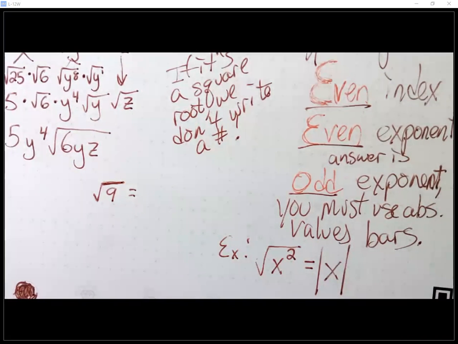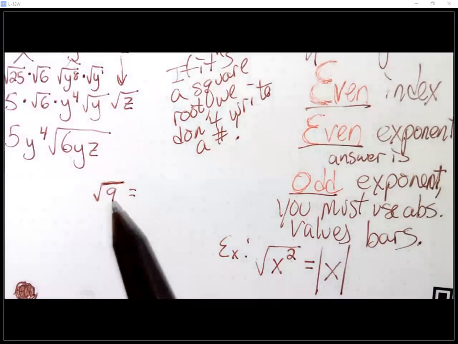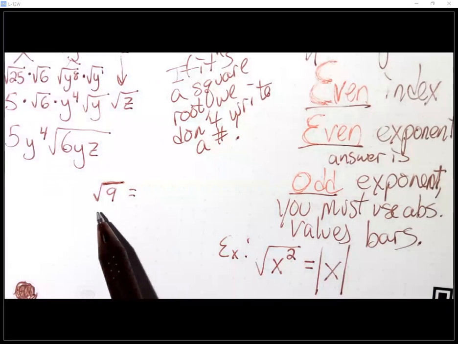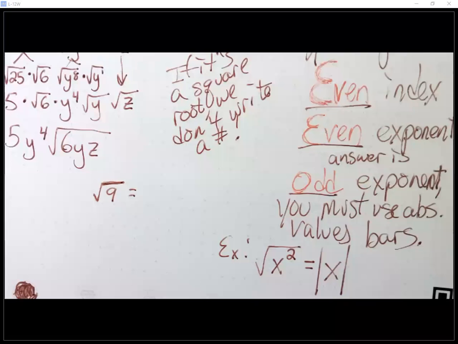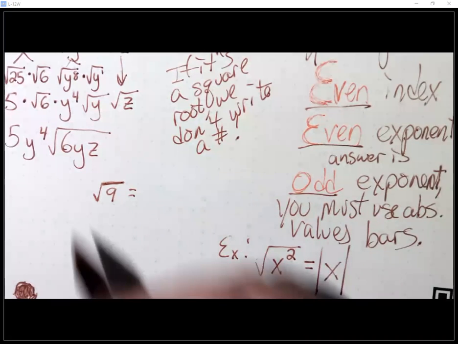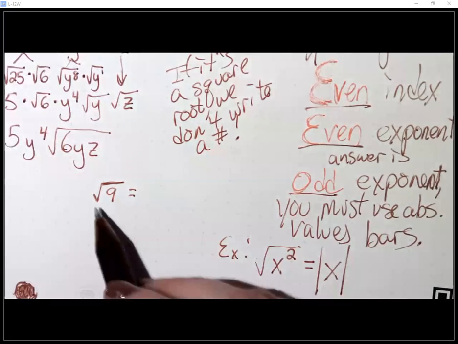If it's written like this, that indicates that you want the principal square root, so only the positive one. If I want both roots of 9, I'd put a plus and minus in front of it. When you take a square root, you need to consider both roots. But if I'm doing a worksheet and it just says square root of 9, I'm just going to write down a 3. If they want both roots, they're going to write plus minus in front of it. So the square root of 9, as written right there, is just a 3.